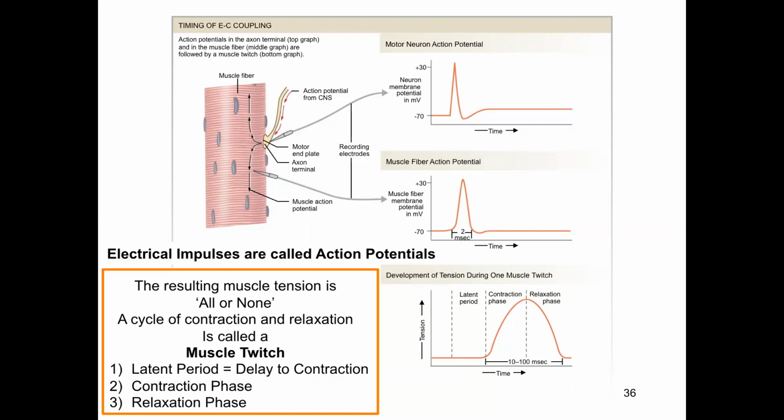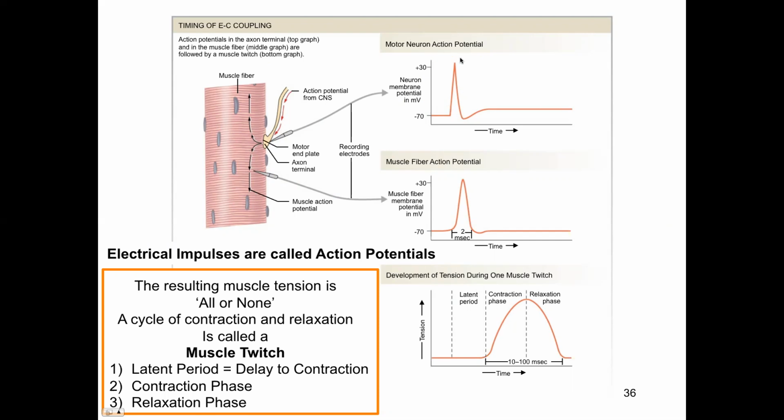The movement is called a twitch, a muscle twitch. If we put our sensor in the neuron, that's where we're going to see the electrical activity first. The flow of this electricity is called an action potential.